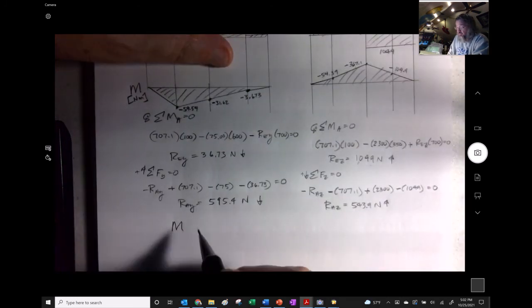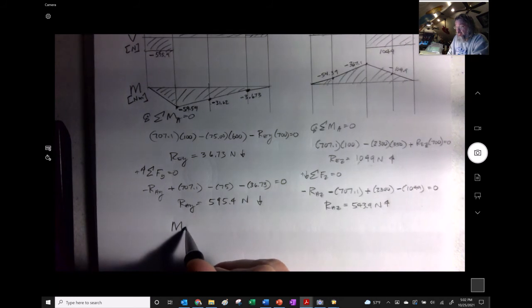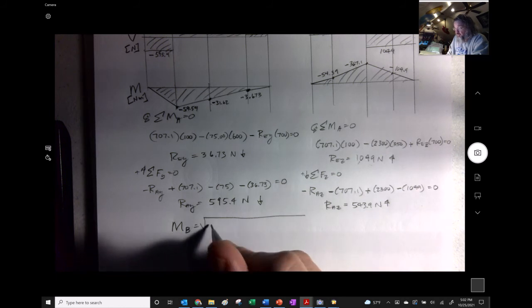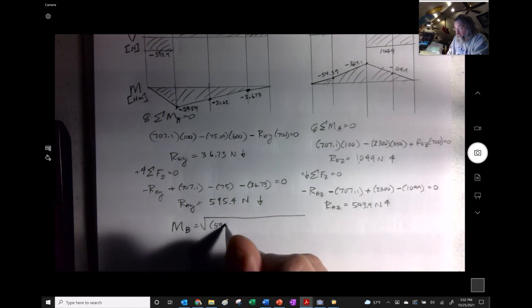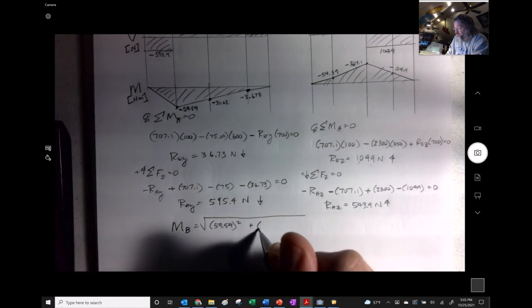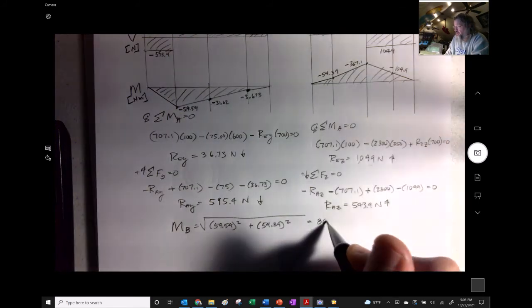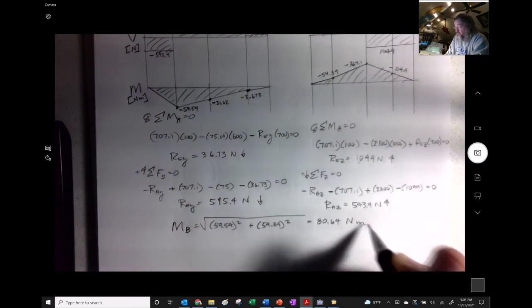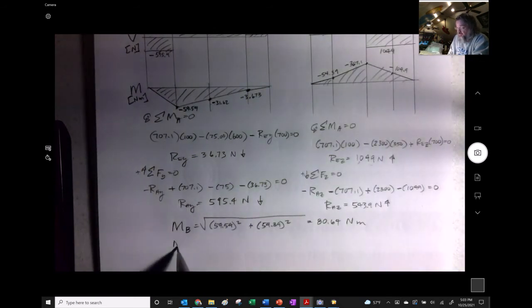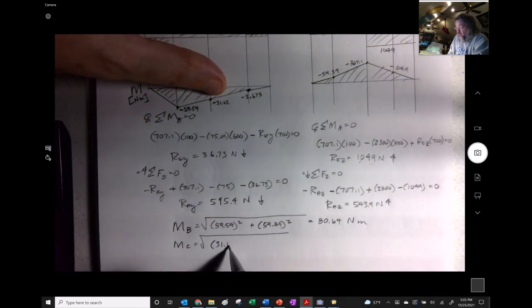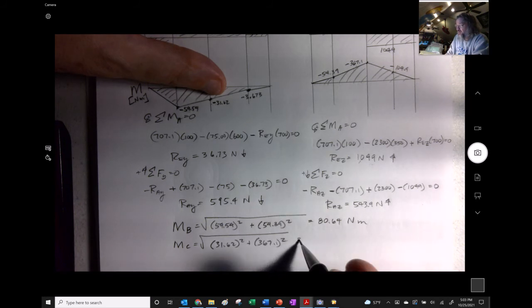So if we take the moments, we could say the moment at, I didn't label these, I think this is at B, is the square root of 59.54 squared plus 54.39 squared. Just to check, and we end up with 80.64 Newton meters. And then we could take MC, square root of 31.62 squared plus 367.1 squared, almost entirely going to be this.